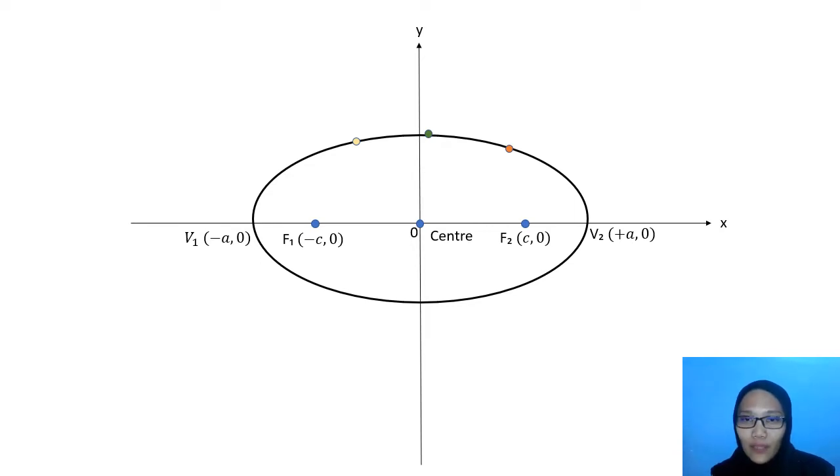From this figure, we can see that the vertices of the ellipse are V1 and V2. The coordinate for V1 is (-a, 0), and the coordinate for V2 is (a, 0).